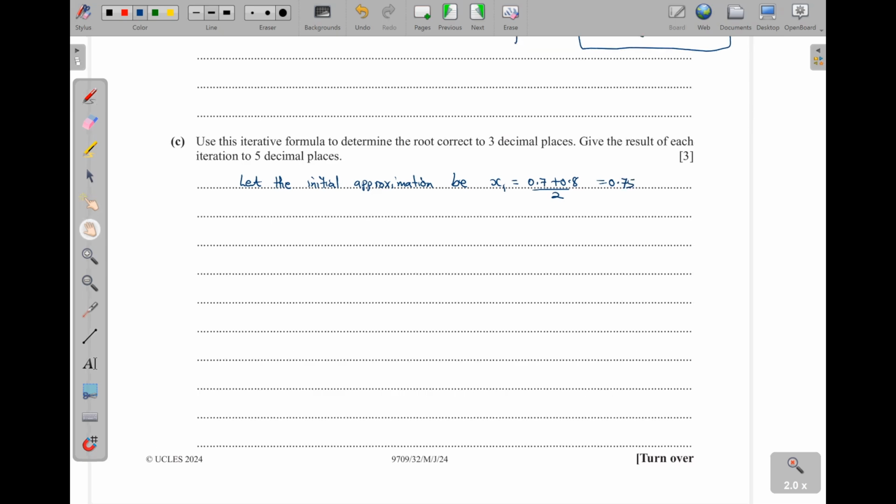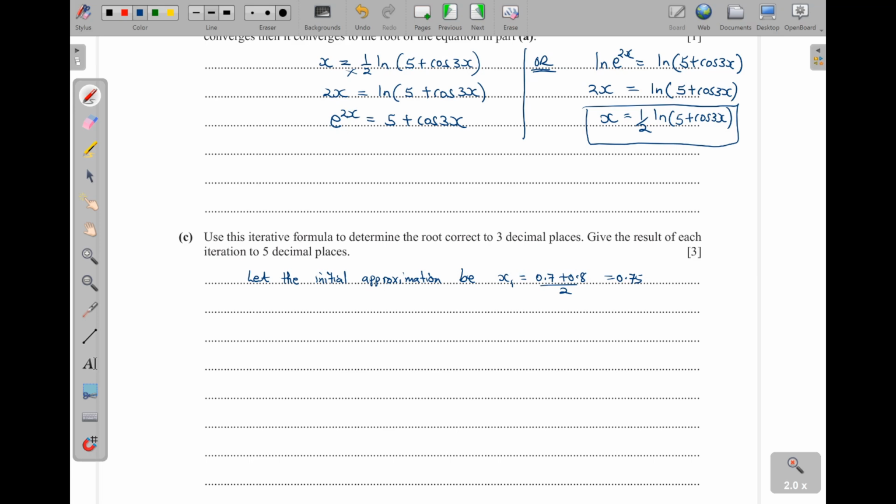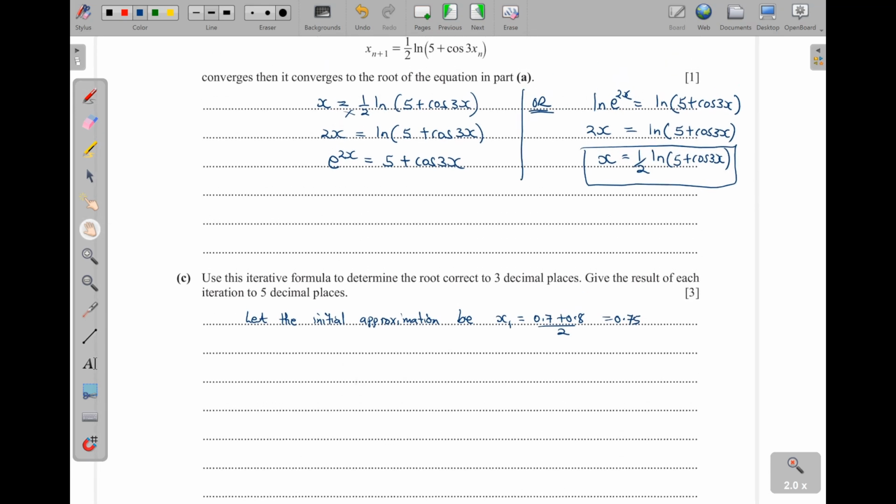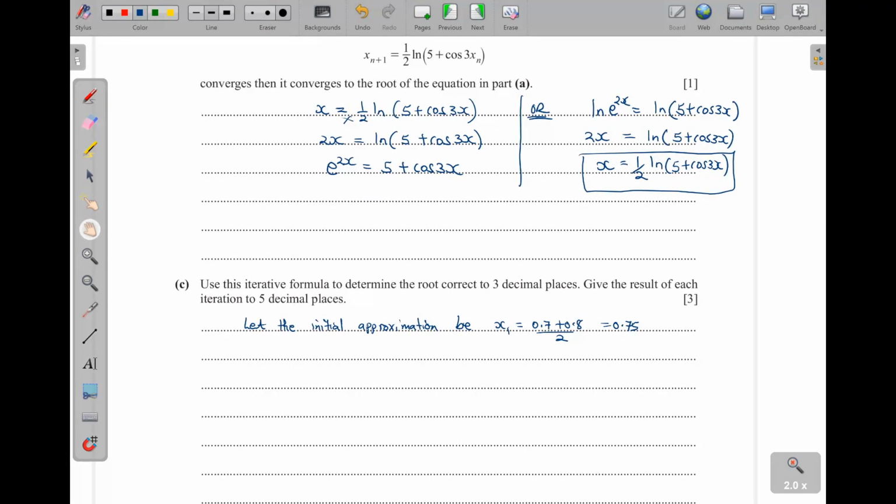Then we substitute in the iterative formula here. So we have it as x n plus 1. So our x2 is going to be equal to a half, then the natural log of 5 plus the cosine of 3 times 0.75. So we put this in the calculator and then we see what we get, but we write the result to 5 decimal places.